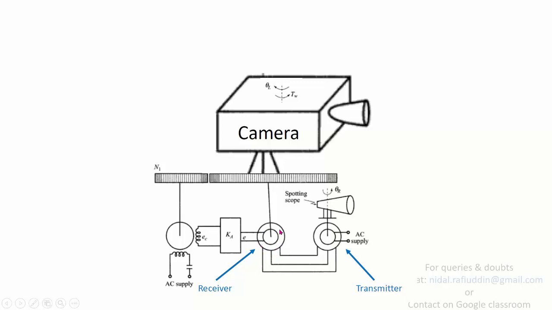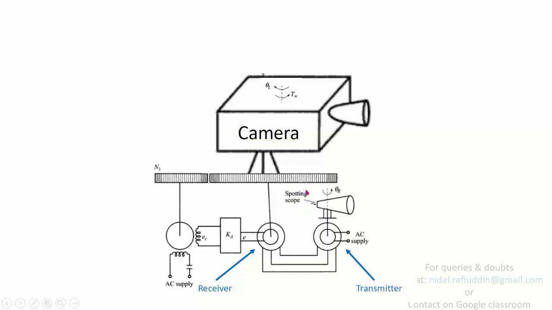So this change in the flux pattern will cause EMF to be induced differently at different orientations of the rotor of the receiver. So suppose that the receiver rotor has a different orientation from the rotor of the transmitter, and this is going to happen when you change the orientation of the spotting scope.